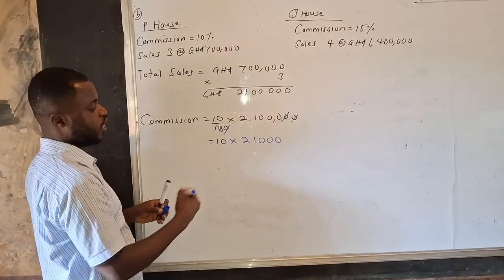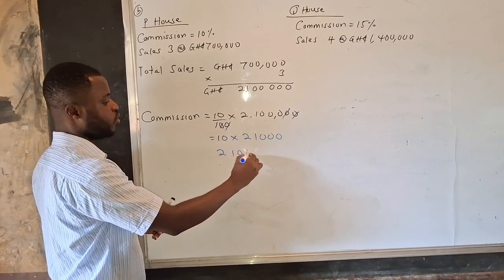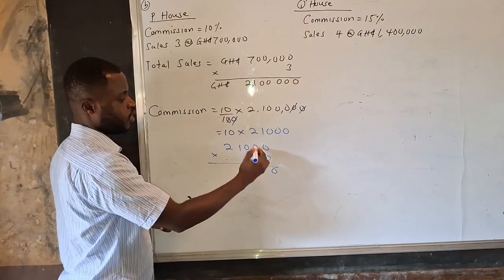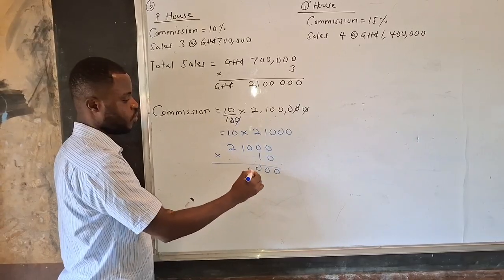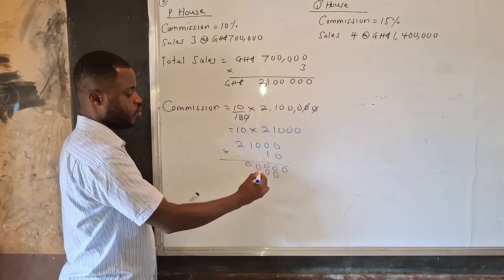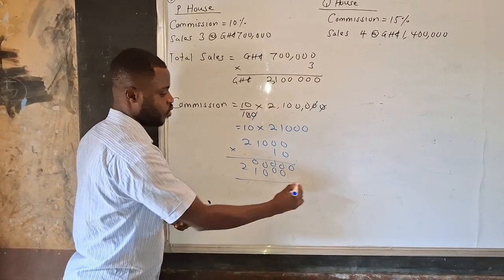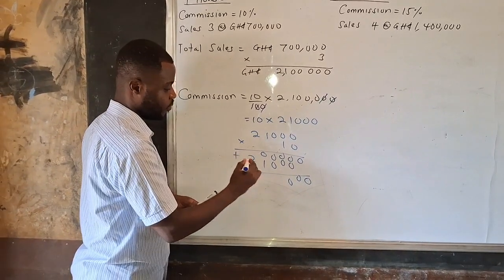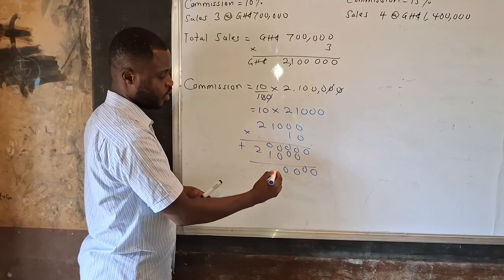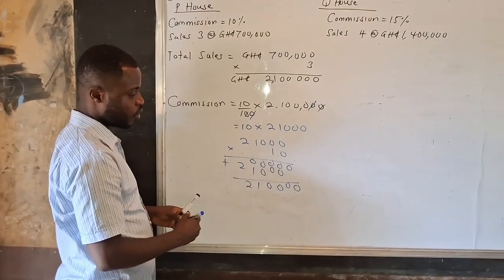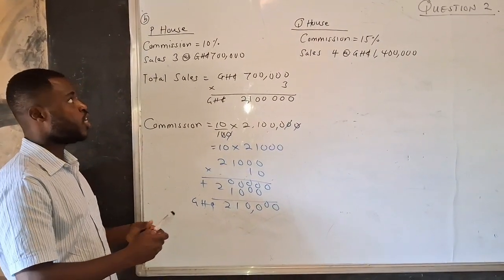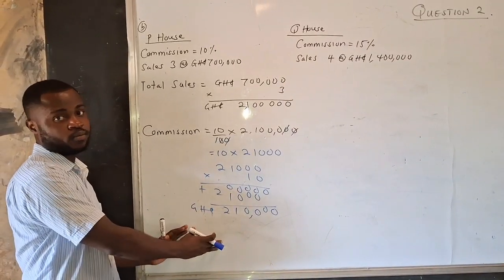So 3 zeros are left, and we multiply 21,000 by 10 to know our commission. 0 times any number is 0, so here will give us 0, 0, 0, here will give us 1, here will give us 2. Now this is 210,000 Ghana cedis.